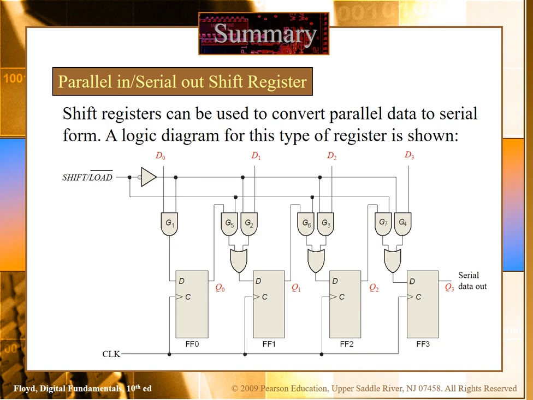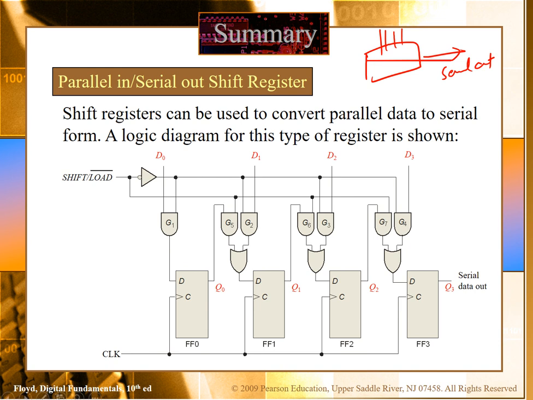Next is the parallel in, serial out shift register, where you are inputting parallel data but you want to get serial output. This is the form of the parallel in serial out register.